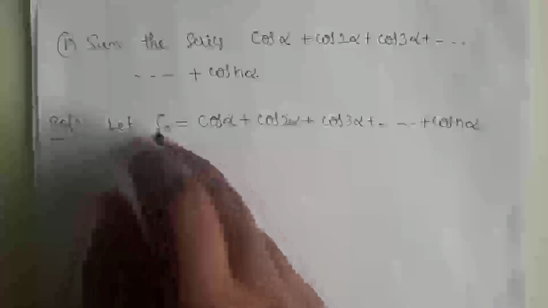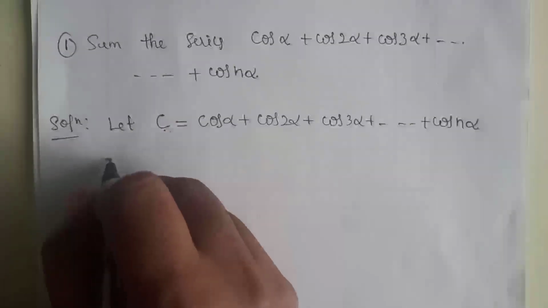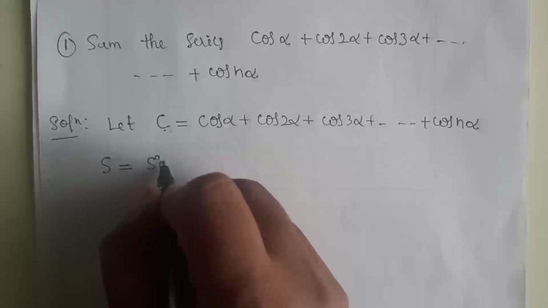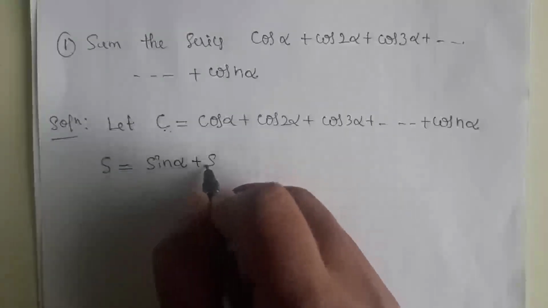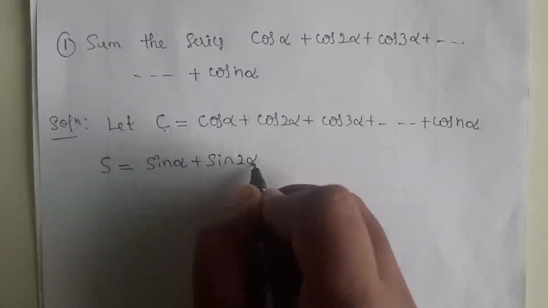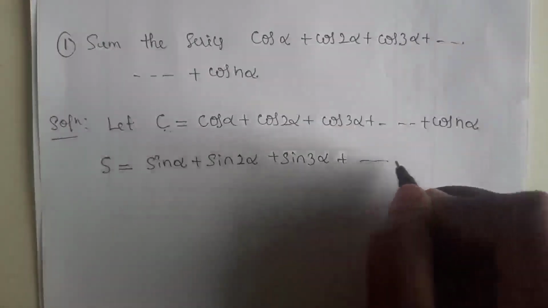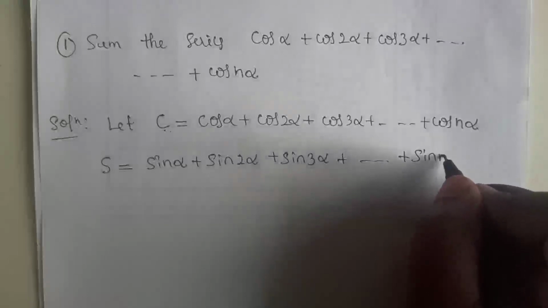Now, according to this series we write another series, the S series, which equals sin alpha plus sin 2 alpha plus sin 3 alpha and so on up to sin n alpha.